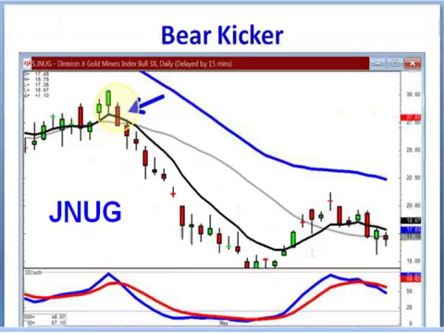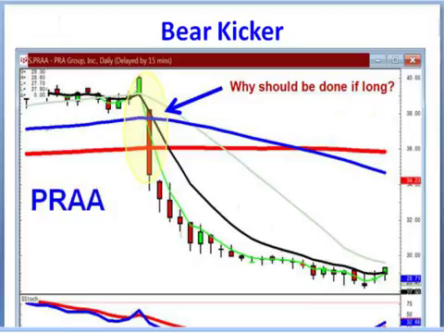Let's see. All right, questions are coming. On the PRAA chart, are the candles just below the bear kicker a bull kicker? Let's see.